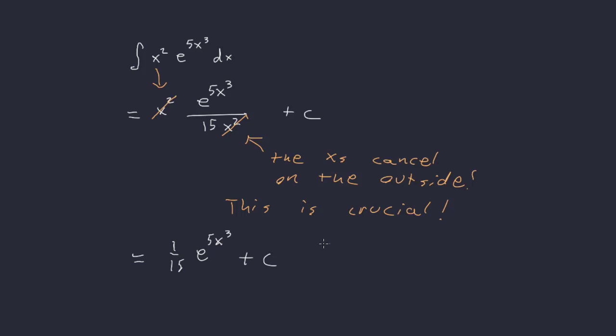But if you're going to be doing a lot of them, which in this class we will be, the faster you can make them, the better. So what we're essentially doing is integrating like normal, but just dividing by the derivative of the stuff. And if it cancels out the way it should, like here, then it works. Otherwise, it doesn't. Let's look at another example.